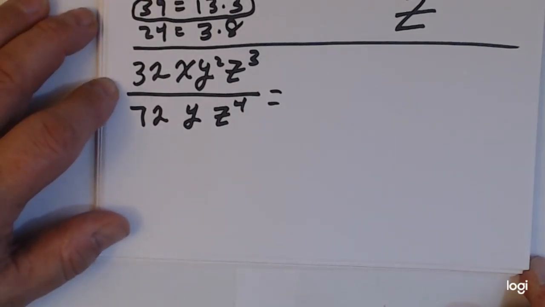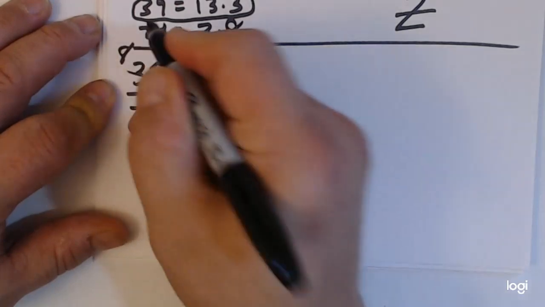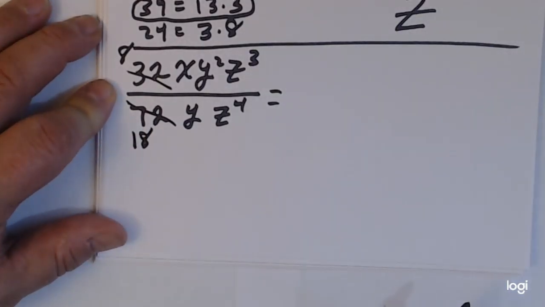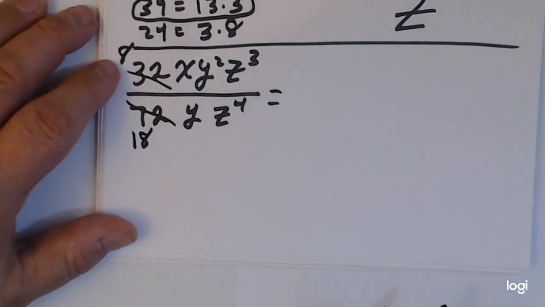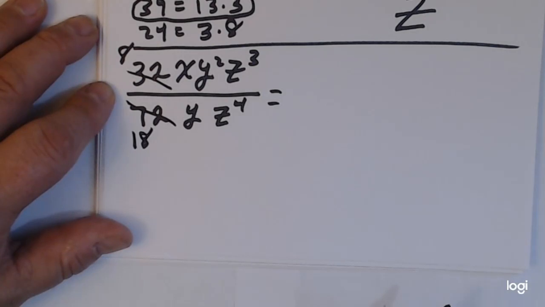Okay. 32 over 72. Well, looks like 4 is going to be the greatest common factor here. So 4 goes into 32 8 times. It goes into 72 18 times. Look at that. That's not going to be the GCF.